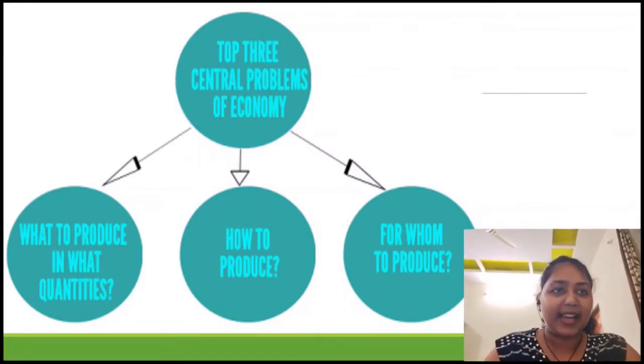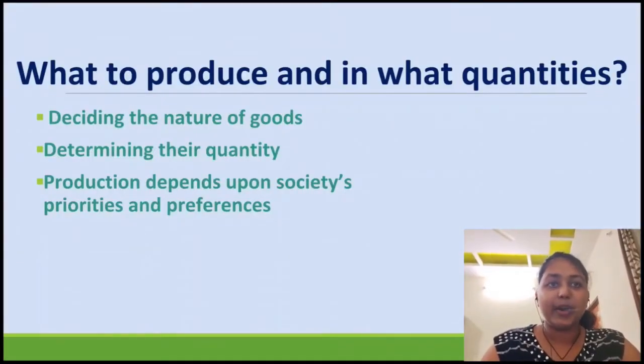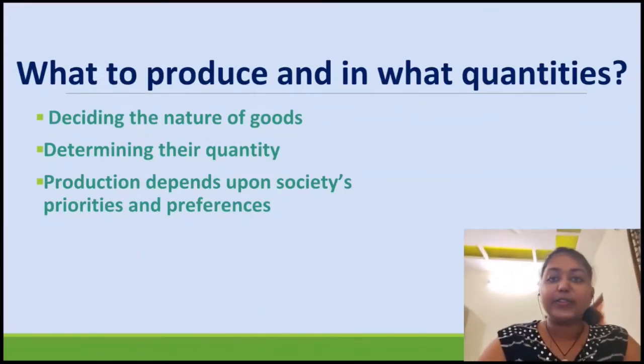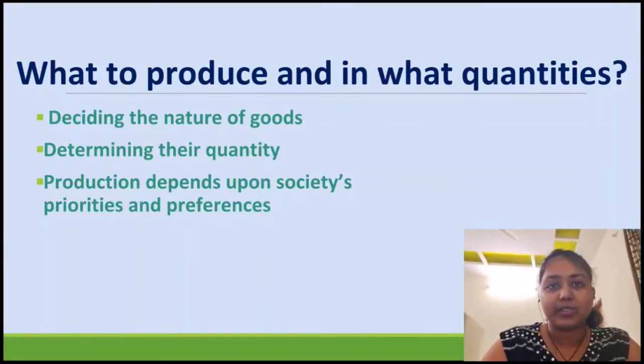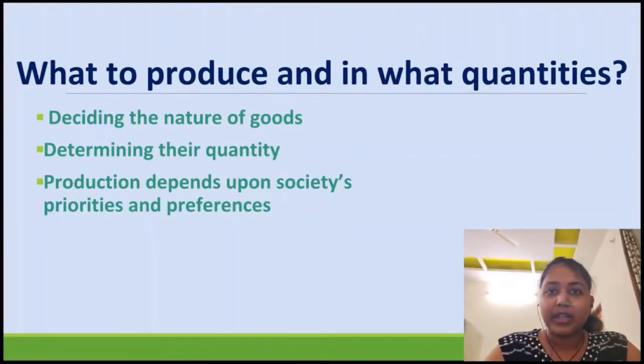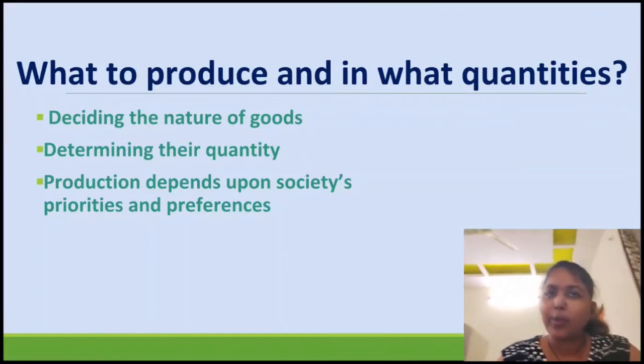Let us look at our first problem: what to produce and in what quantities. Any economy needs to first solve this question. They need to decide what should be the nature of the goods and what should be their quantity. Regarding nature, we can produce a consumer good, a capital good, a peacetime good, or a wartime good.